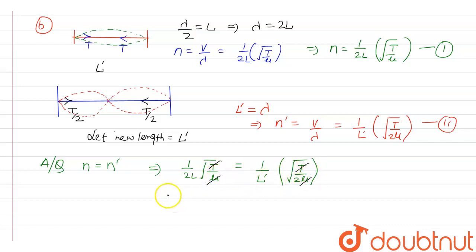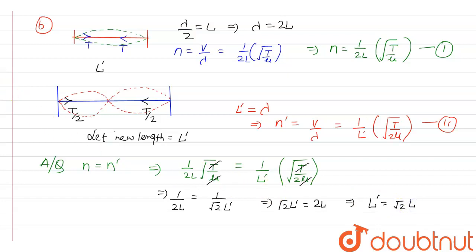So the expression is 1 by 2L equals 1 by root 2 L dash. If we take the reciprocal, root 2 times L dash is equal to 2L. This implies L dash, the new length, is equal to root 2 times the original length.